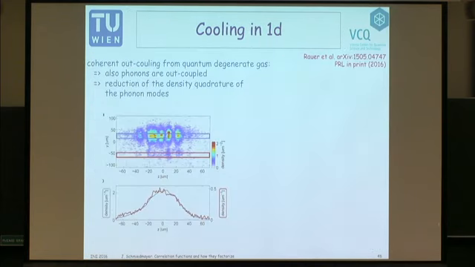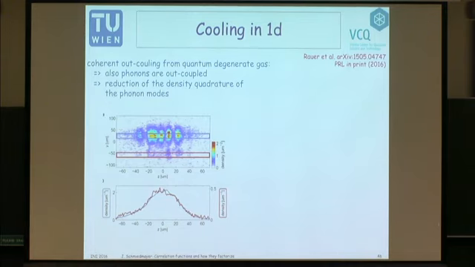Now let's look at that in more detail. If you take a one-dimensional system and let it expand, you see a speckle pattern. This speckle pattern tells you the phonons, the phase fluctuations that are in the system. Now if you outcouple atoms, you see that the outcoupled atoms have exactly the same pattern right there.